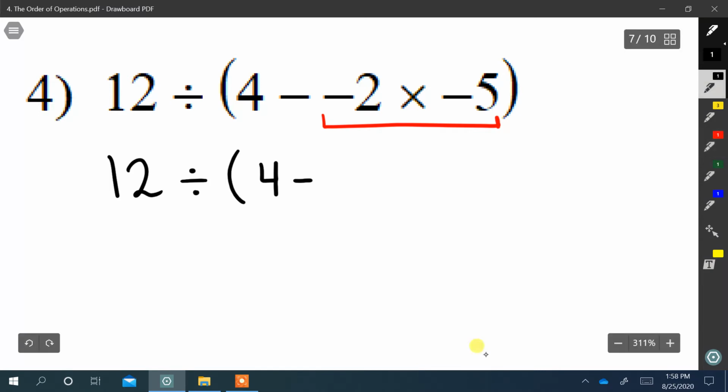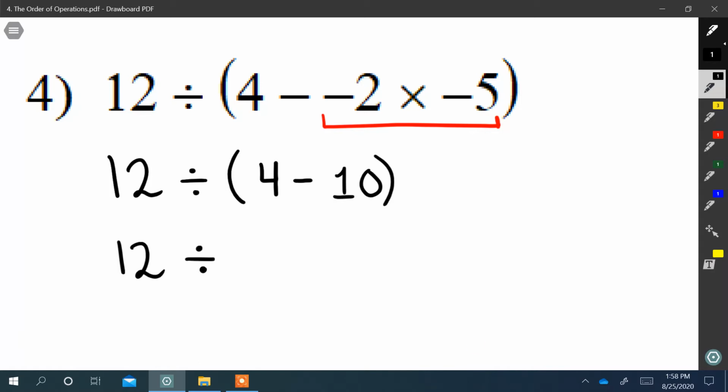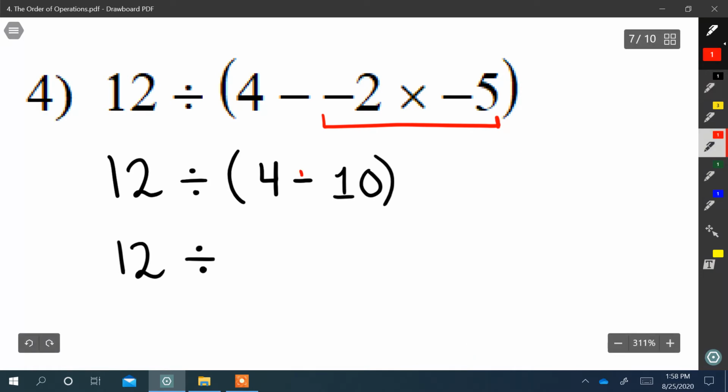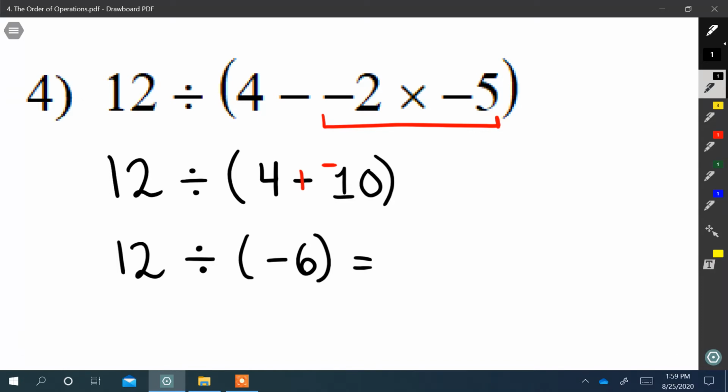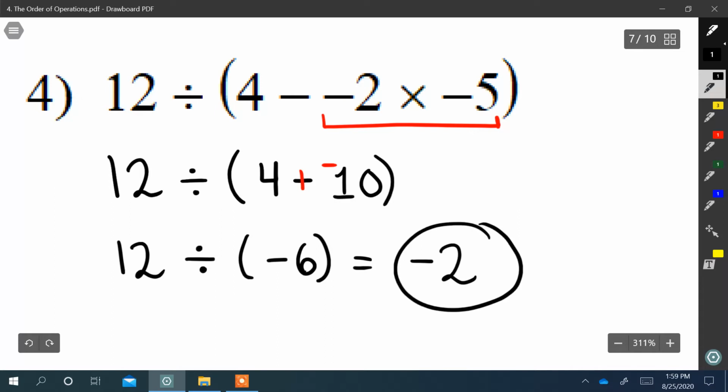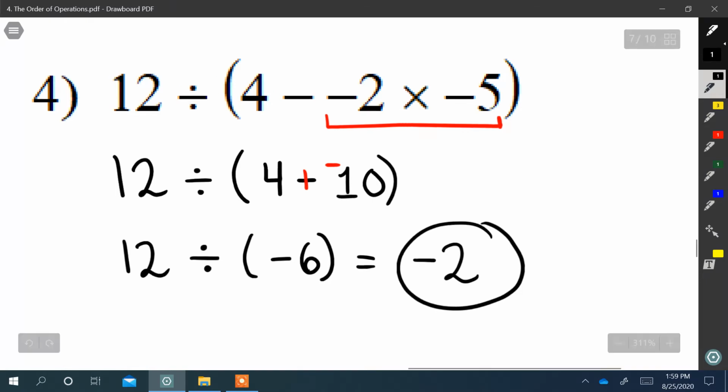That's going to give me positive 10. And then 4 minus 10, if I make this a positive and this a negative, you can see that you're going to get negative 6. Then 12 divided by negative 6, that's going to be negative 2. That's your final answer. Remember, a positive divided by a negative is always a negative. Let's go ahead and do a couple more examples.